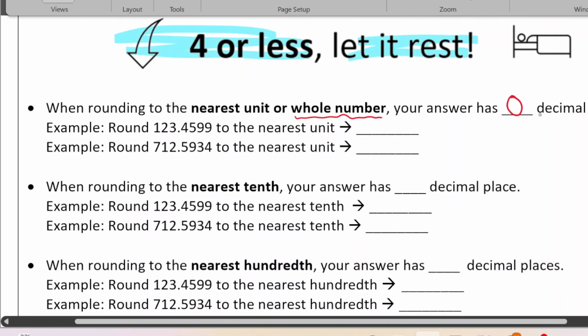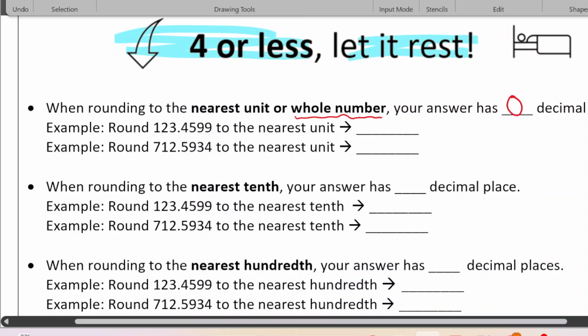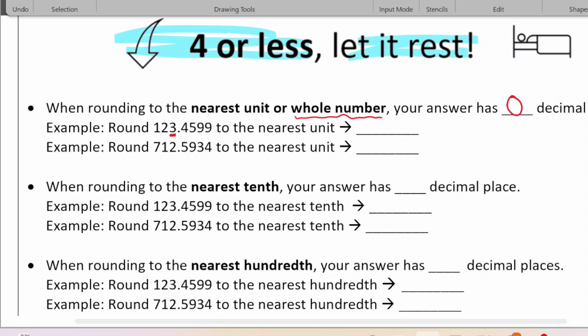In this case, I'm going to highlight the number we want to round to. We want to round to the whole number, but we're going to look at the number next to it, and we see that there's a 4. We don't want to get distracted by the 599. We just want to look at the one number to the right. Now, if that number is 4 or less, we want to let it rest. So this number is closest to 123 whole units. We don't want to round it up.